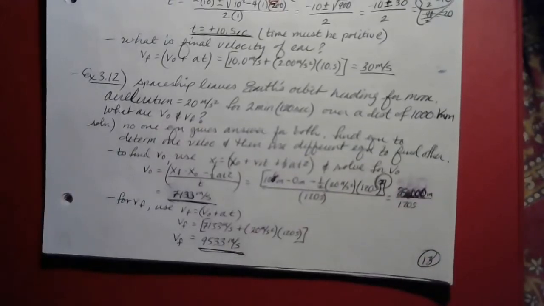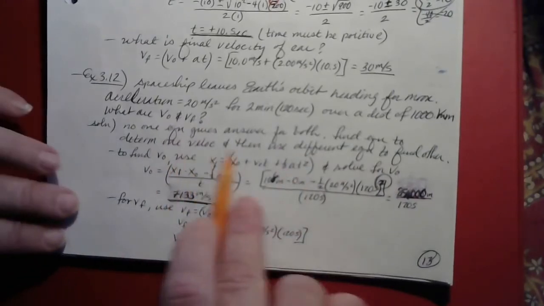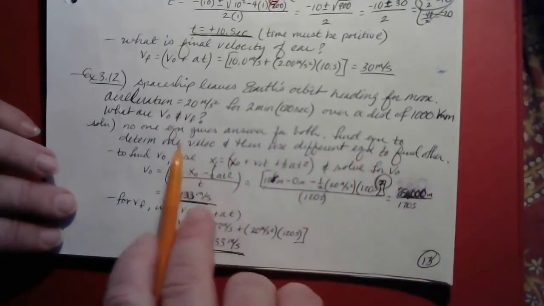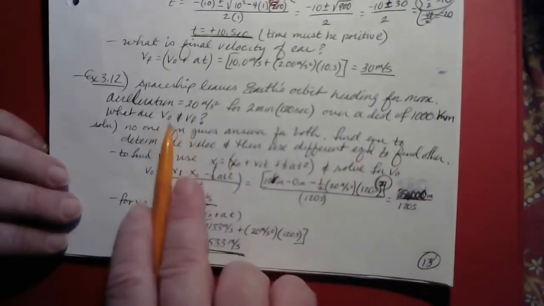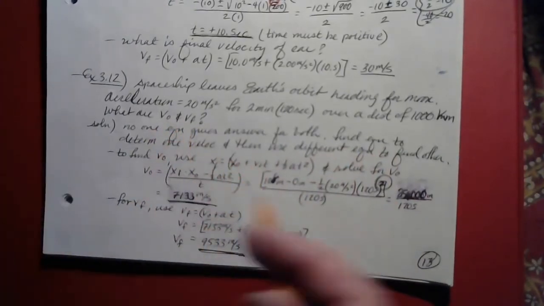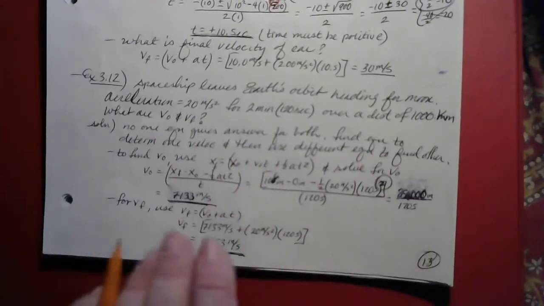This is a fairly difficult example because no one equation is going to give the answer for both of those questions. So first, you're going to have to find an equation that will determine one of those velocities, one or the other, and then use a different equation to find the other velocity.